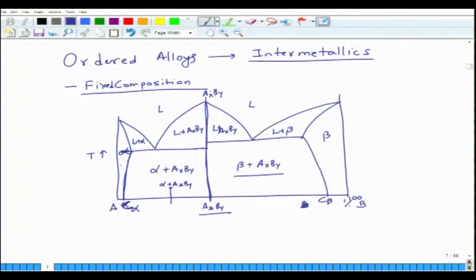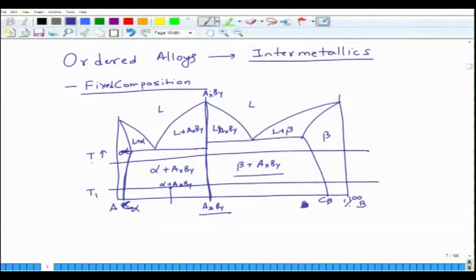So if you compare these two temperatures, T1 and T2, at T2 alpha has more amount of B than at T1, right? Similarly, at T2 beta has more amount of A than at T1, is that right?